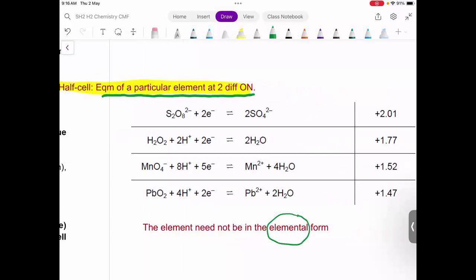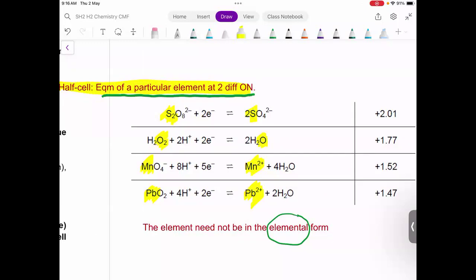So for example, the first example, this sulfur here exists in a compound. So the oxygen here is the one that is in equilibrium with the different oxidation numbers. Then manganese and Mn2 plus, your lead-4 dioxide and your lead-2 plus. So they need not exist in elemental form.